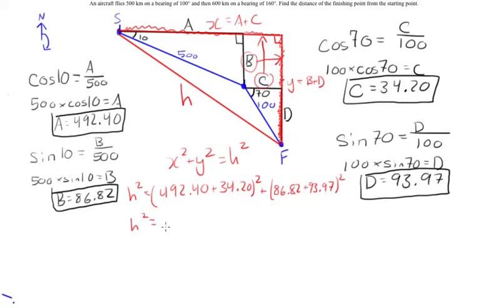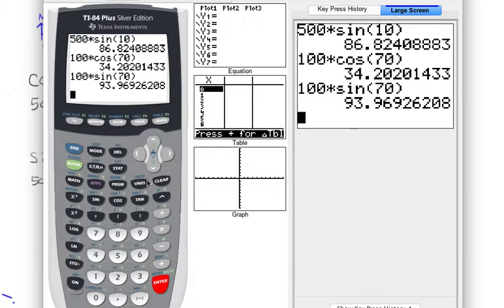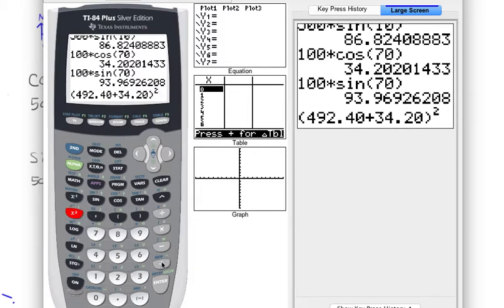So h squared is going to be equal to, I'm going to put this in my calculator now. So I'm going to get 492.40 plus 34.2. Notice I'm not going to do individual calculations. I'm just going to put this into my calculator using brackets and the different powers, the squares.